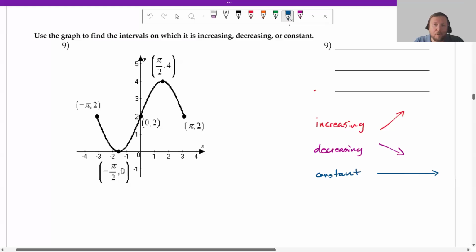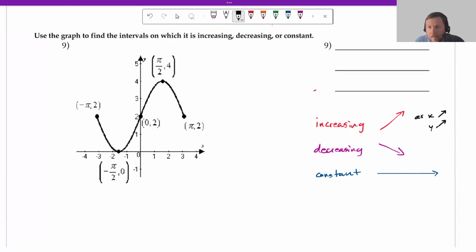All right, so now there's more formal definitions for this, right? So increasing: as x increases, y increases. So as x gets bigger, y gets bigger. Decreasing is as x increases, y is getting smaller.